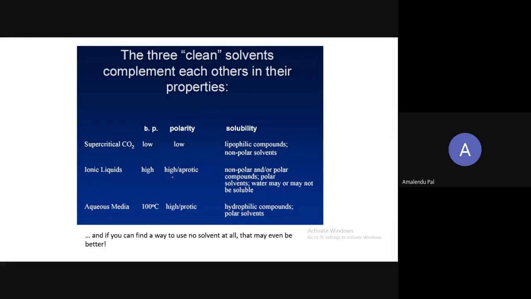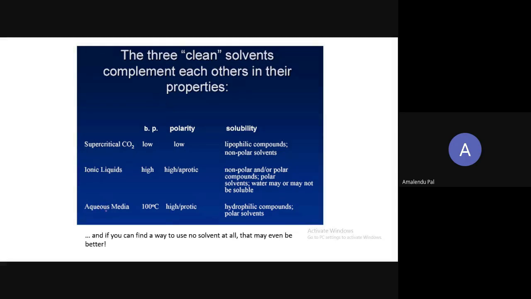Low vapor pressure. Polarity is high, aprotic. Water may not dissolve some, but in some cases ionic liquids are water soluble. These are the solvents we are working on in our research field. I am telling you, only the green solvent, ionic liquid, we are working on.